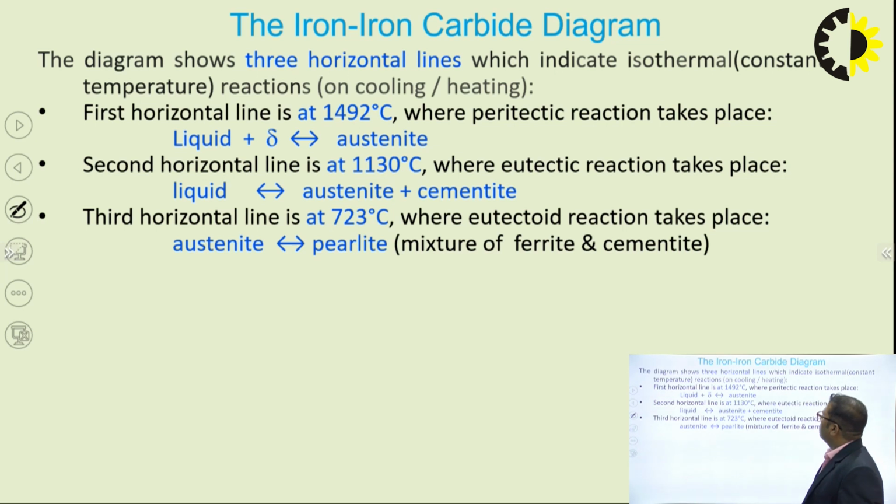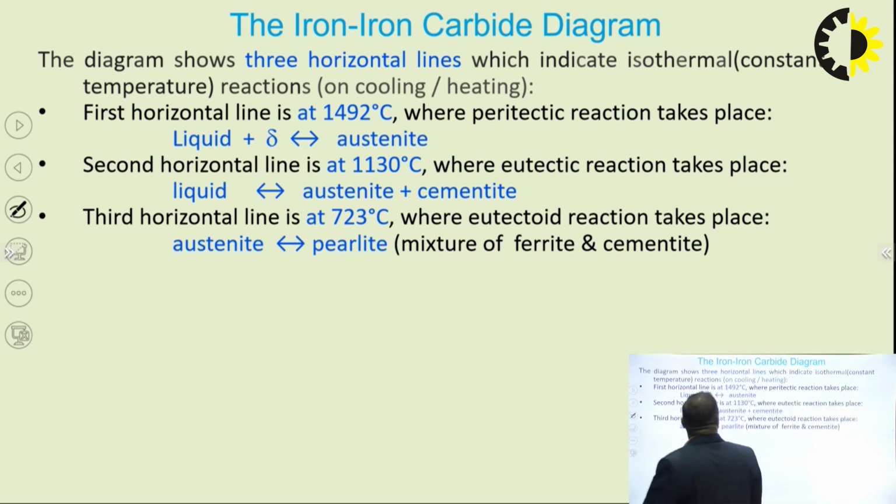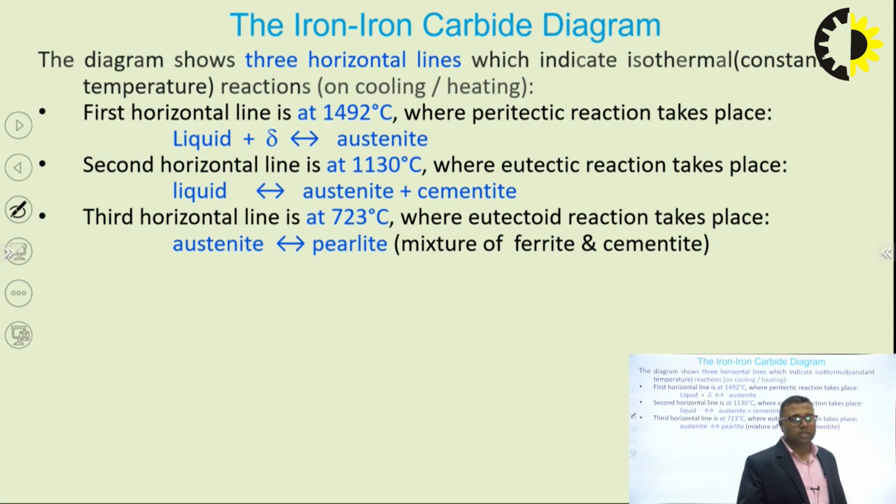The iron carbon diagram shows three horizontal lines which indicate isothermal, that is constant temperature, reactions, whether on cooling or on heating. The first horizontal line is at around 1492 degrees centigrade, where peritectic reactions take place, in which liquid plus delta converts into austenite. The second horizontal line is at around 1130 degrees centigrade, where eutectic reactions take place, and here liquid converts into austenite plus cementite.